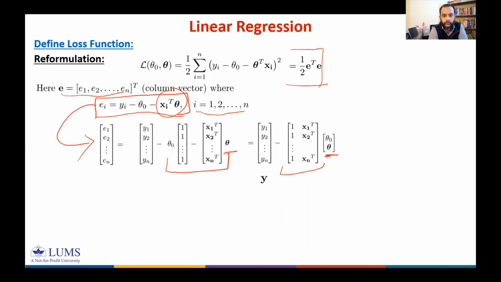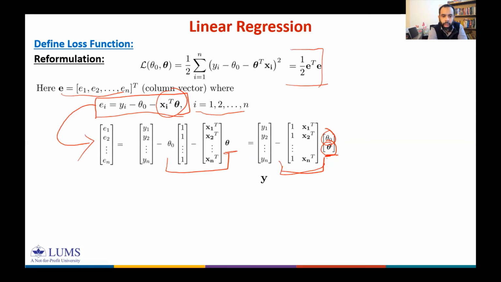and if you see this matrix, what is the size of this matrix? What is the size of theta? This theta belongs to R^d. This theta naught belongs to R. So this vector has a size d plus 1, right? It has d plus 1 elements. So what is the size of this matrix X?